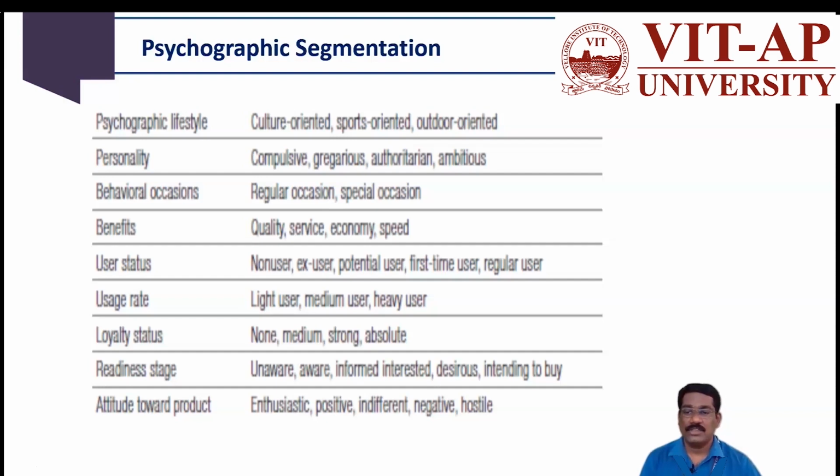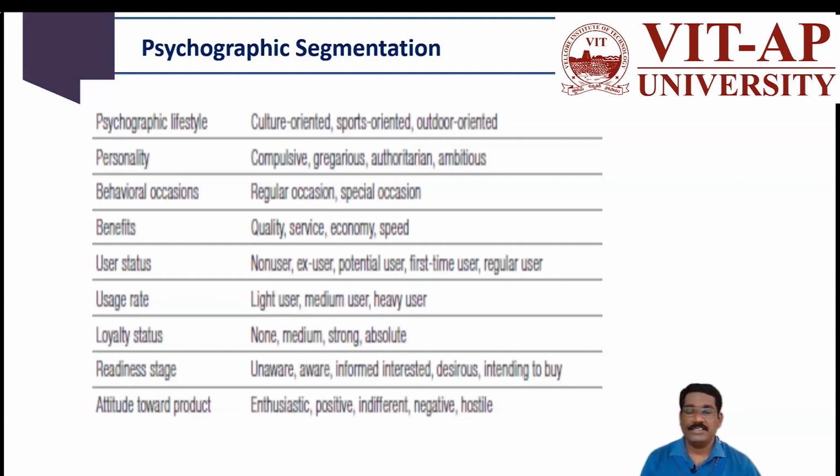There is also loyalty status: none, medium, strong, and absolute. There are certain people who are not brand switchers. They only go for that particular product. They are called loyal, very strong towards that particular brand, and show a favorable attitude towards it.